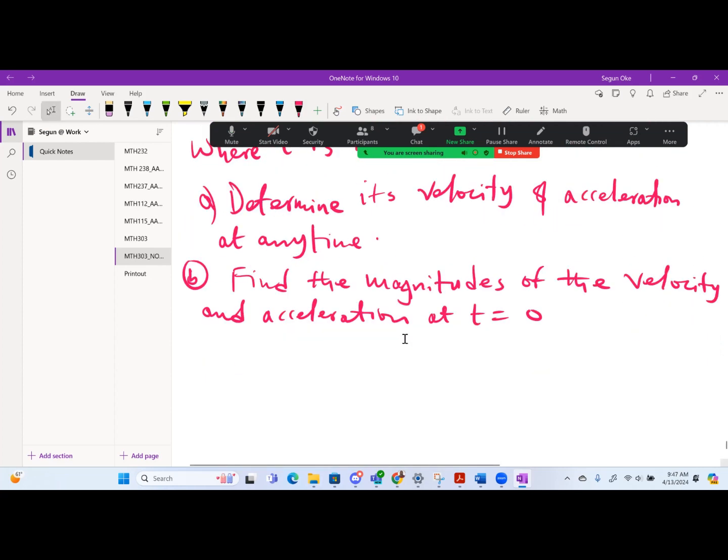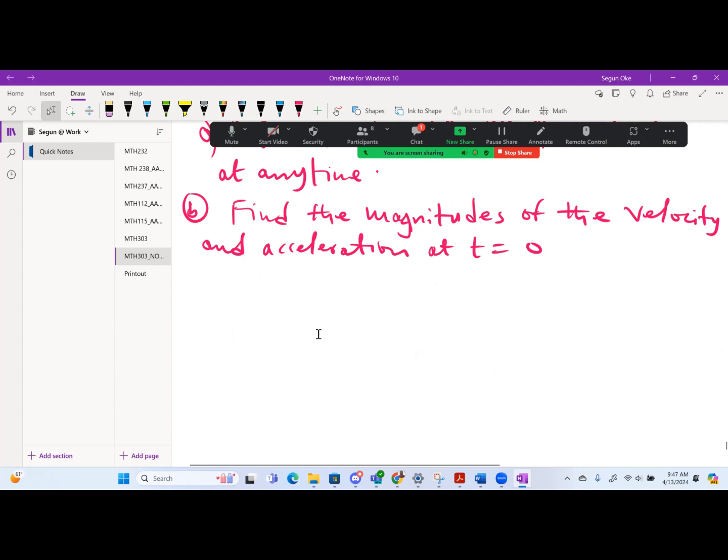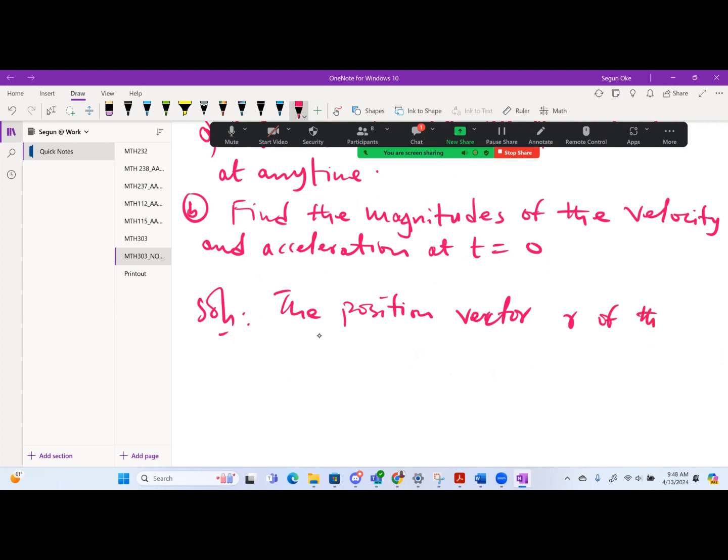Okay, so let's look at this. What are the things we need to do here? The solution is here. The first thing we need to know is the position vector. Let's look at the position vector R of the particle we are talking about.